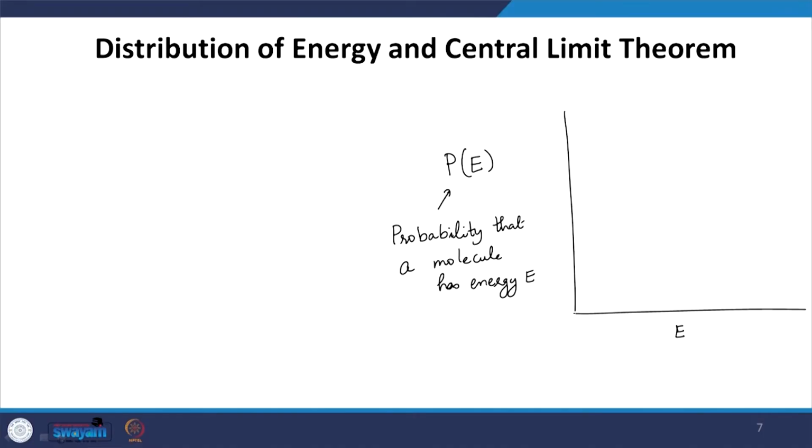So, clearly in that case the distribution is going to be extremely narrow. So, let us say for example, the distribution looks like this. So, clearly as you increase n further, it will be more and more narrow and approach towards a delta function, close to delta function as n becomes close to infinity.